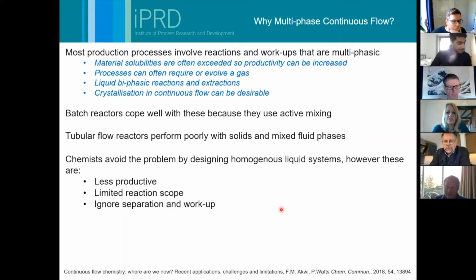They work very well with liquids. And the reason is that we often exceed material solubilities in order to try and improve productivity. So we might feed in solids, or we might get solids produced within reactions, or we might generate crystals as we're going through. We might have solid catalysts and so on.